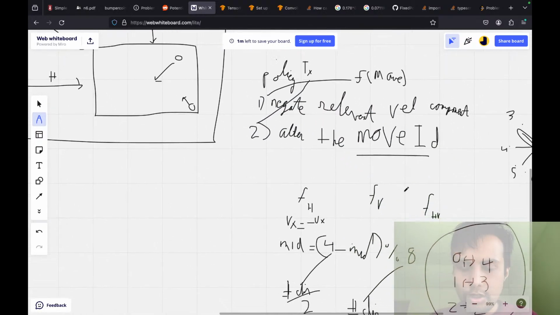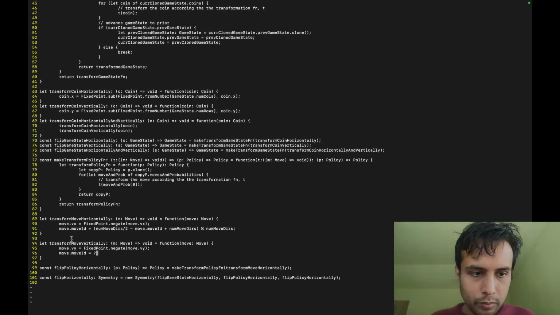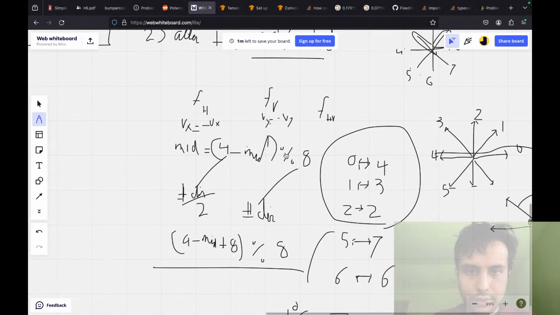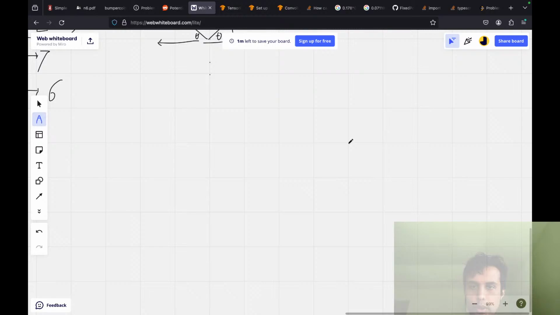So now let's try to derive a formula for f of v, right? First we do vy equals negative, negate, do the flip right there. That's step one, flip the y's. And then we have to do some formula for that. So let's do the same thing we did earlier, right? We have to build a map.